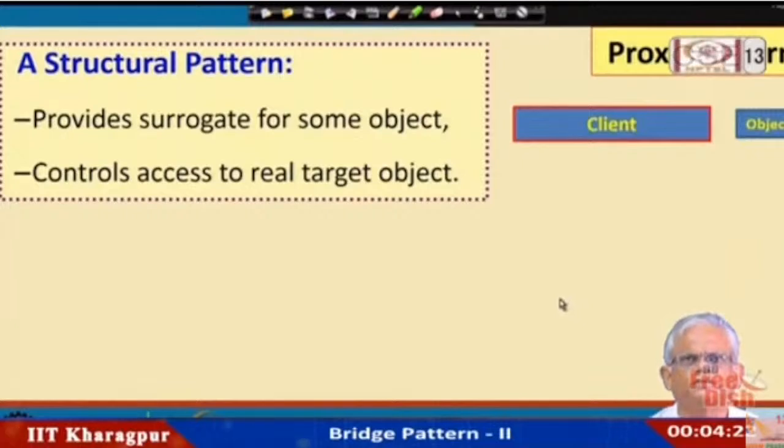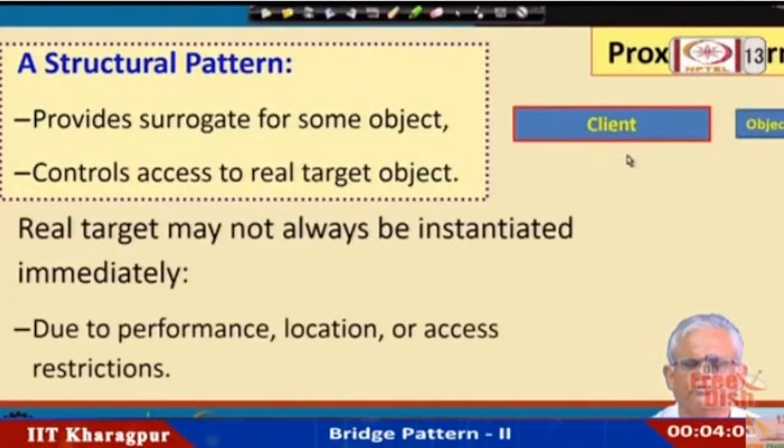It is a structural pattern. It provides a surrogate for some object. The actual object or the server may be on a different machine or across the network somewhere, but the client won't know it, because the proxy will be co-located with the client, and the client would be under the impression that it is interfacing with the real object, even though it is only interfacing with the proxy.